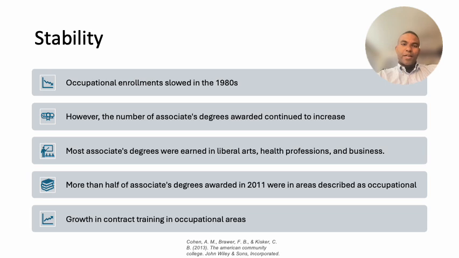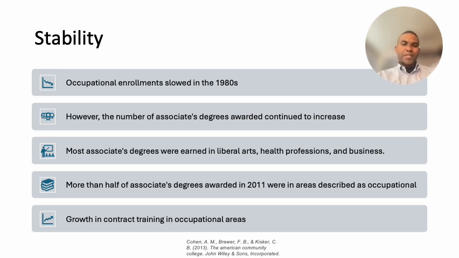After the period of growth, we start seeing a period of stability. We started seeing occupational enrollment slowing down around the 1980s. Now, one thing to consider here is that in that period, the number of associate's degrees awarded actually increased.